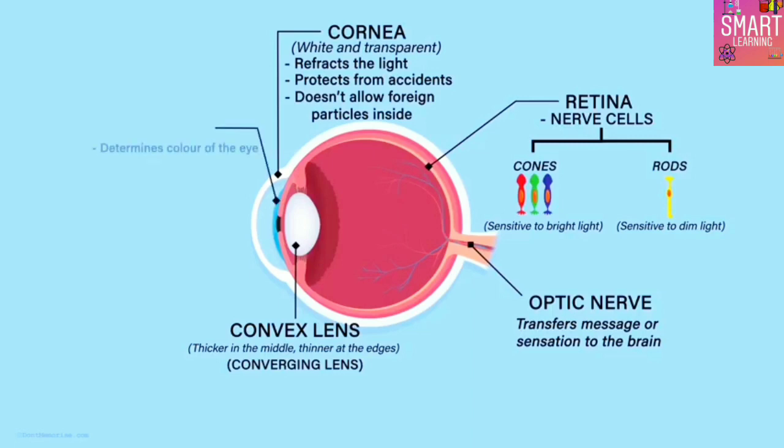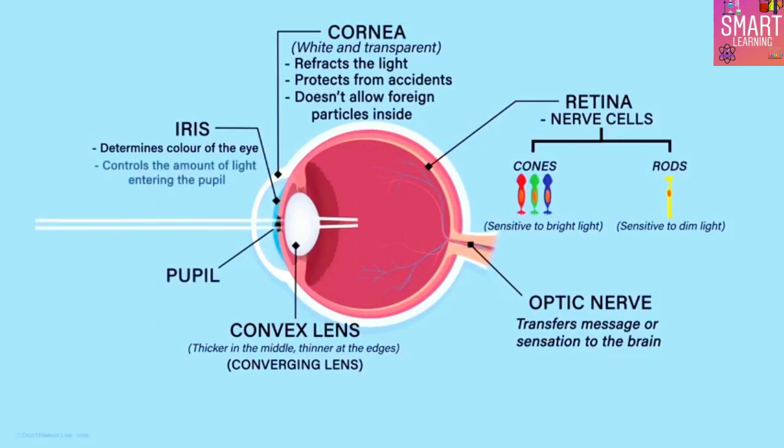Behind the cornea, the colorful part of the eye called the iris is present. It has a small opening at the center called the pupil. The iris controls the light entering through the pupil by contracting and expanding.